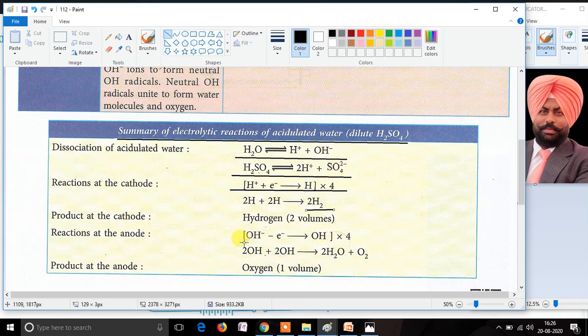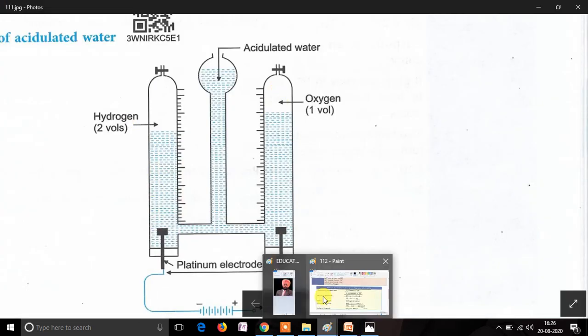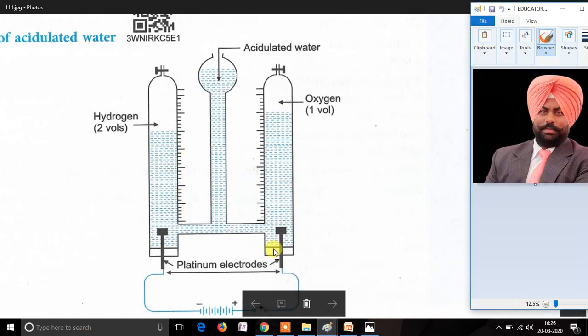Therefore, hydroxide ions will migrate towards anode and form oxygen gas there. Hence, the acidulated water dissociates into hydrogen gas and oxygen gas. That's all for this video.